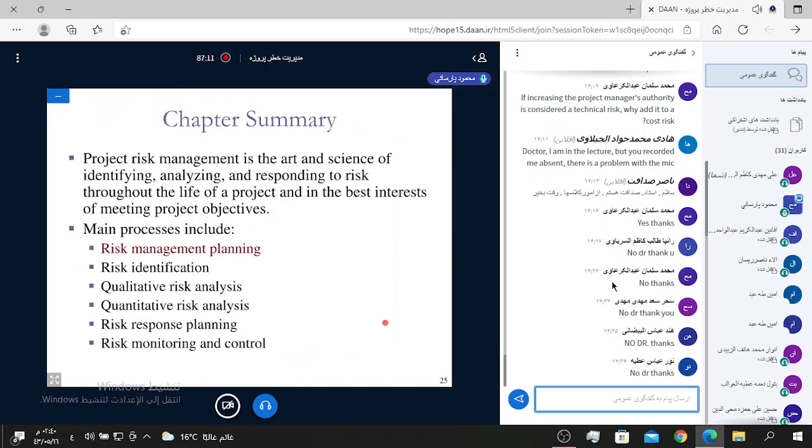And the summary of these slides, chapter summary. First part: project risk management is an art, engineering art.